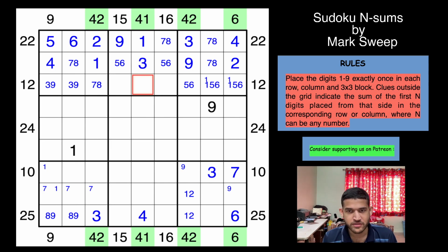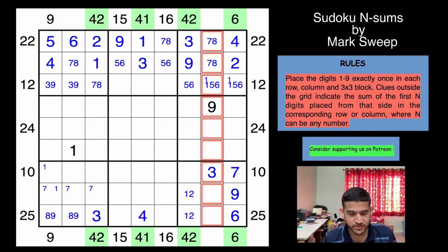And now 9 here removes the 9 here, 9 goes here. 8 is not here, so this is an 8. That gives a 4, 5 here. And 4 is resolved.